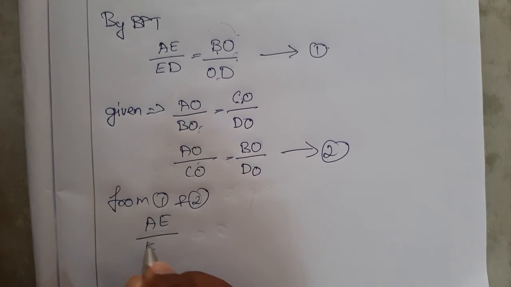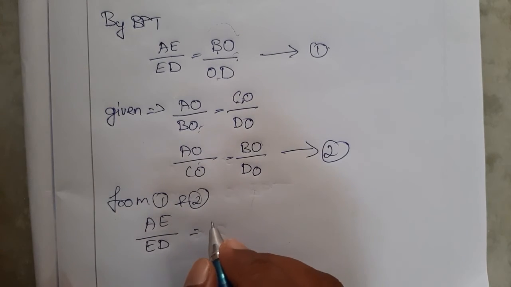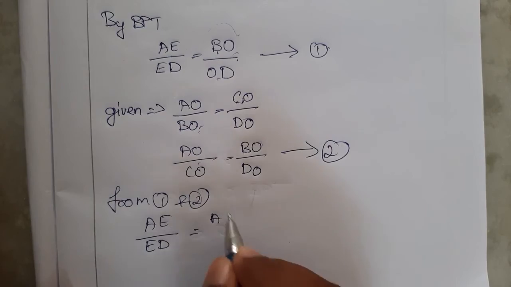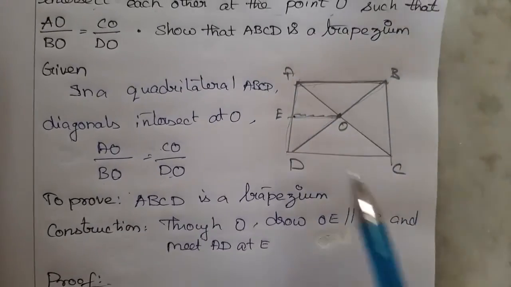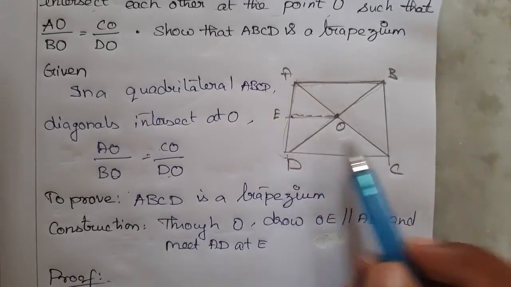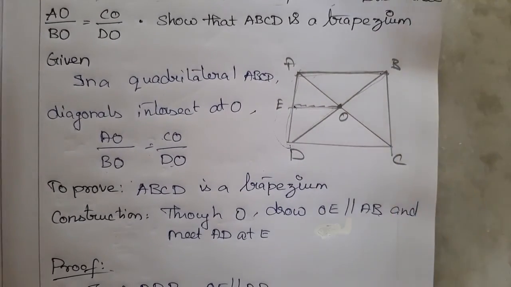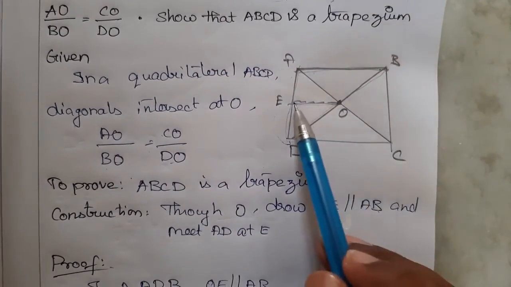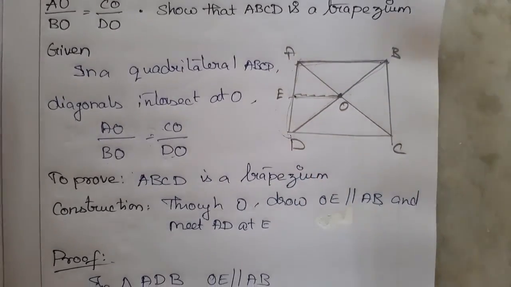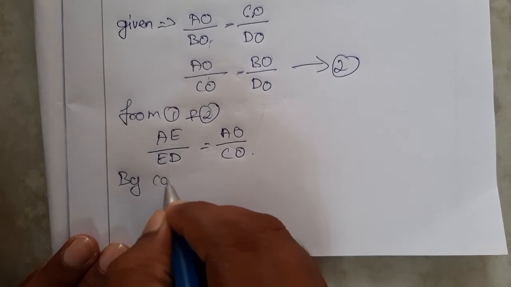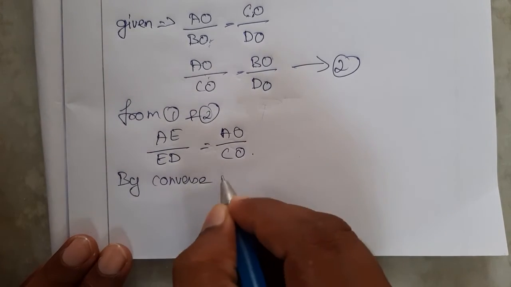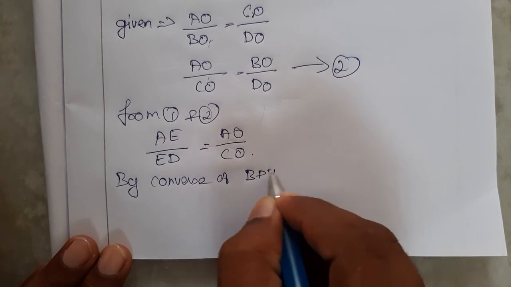AE by ED is equal to AO by CO, right? So then OE should be parallel to DC by the converse of BPT.